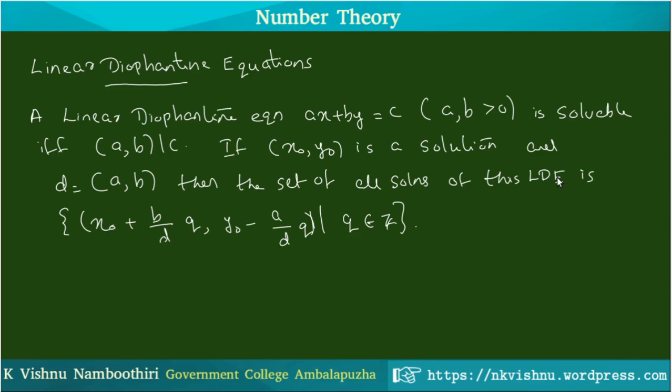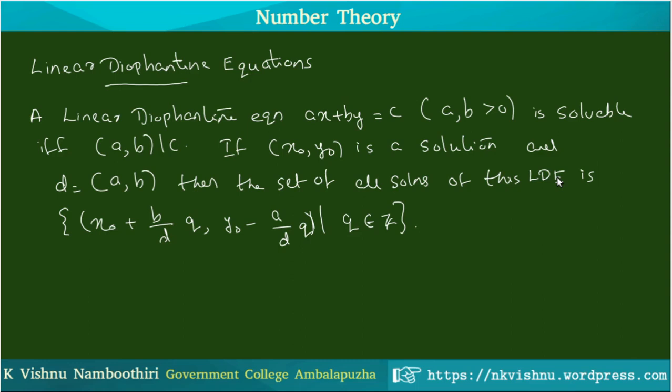So this is the most important thing that we learned about solutions of two variable linear Diophantine equations. And we know that using Bezout's identity we can find one solution for this, and then we can find all the solutions using this result.